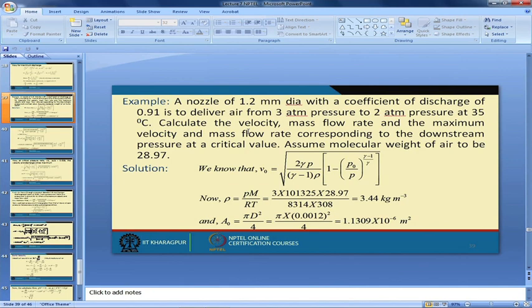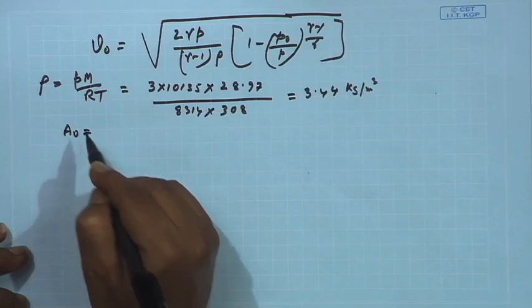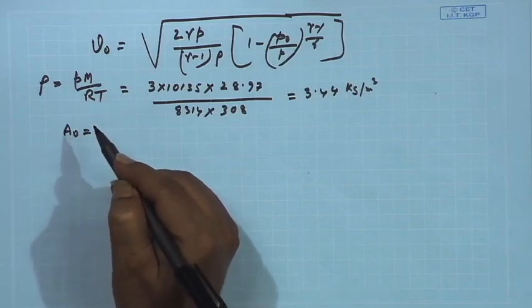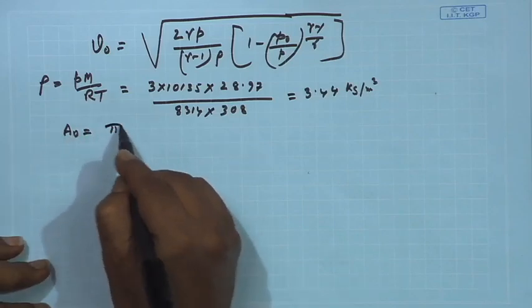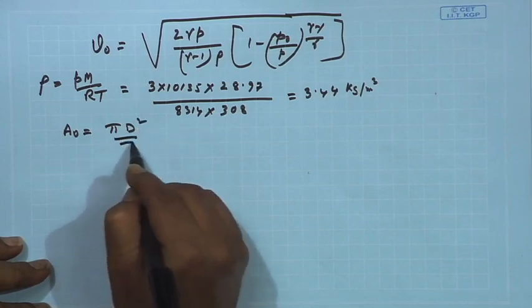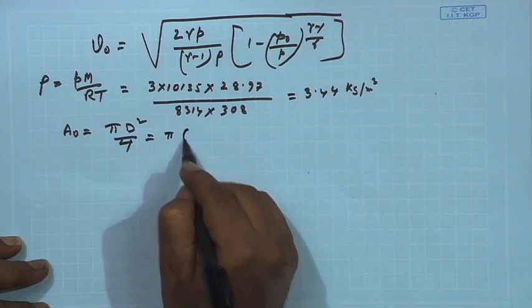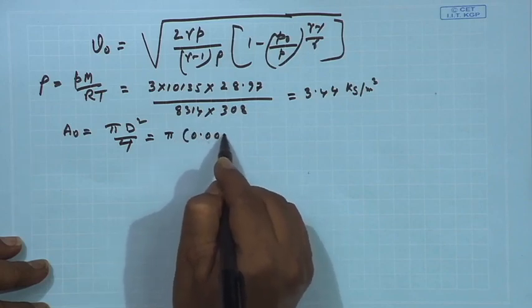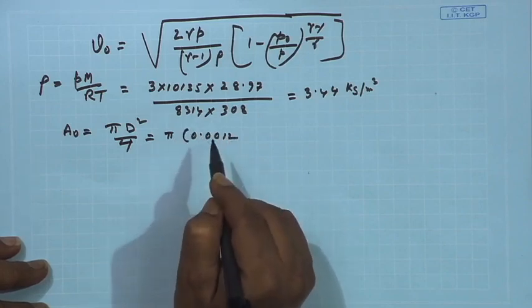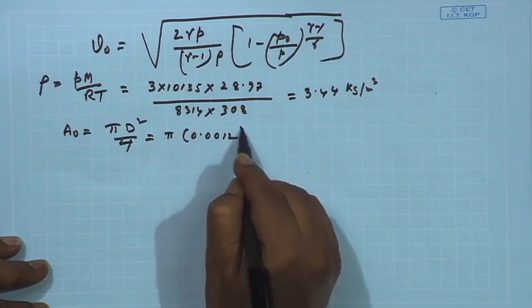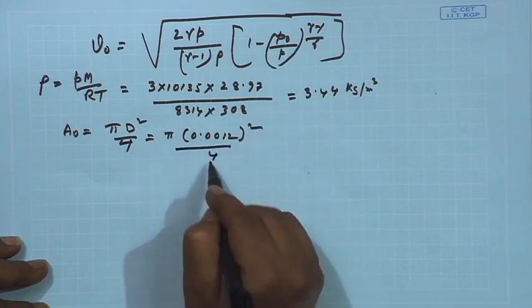So, 3.44 kg per meter cube, and A0, that is the tip area, is nothing but pi d square by 4. D is given, pi into 0.0012, that is 1.2 millimeter, in whole square divided by 4.